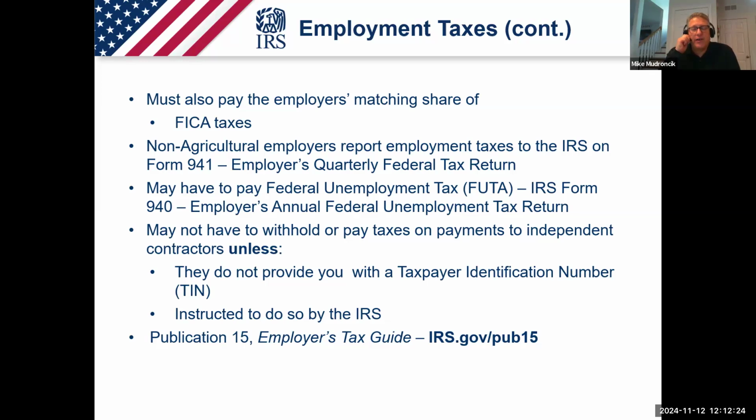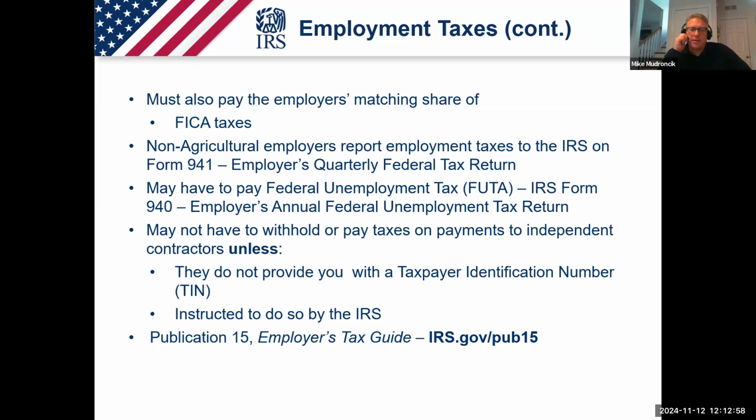Now, for very, very small employers, that reporting actually will take place on an annual basis using a Form 944, which is the employer's annual federal tax return. Again, even though it's identified as a federal tax return, which might lead you to think that they're talking about an income tax return, in this situation, we're talking about employment taxes.